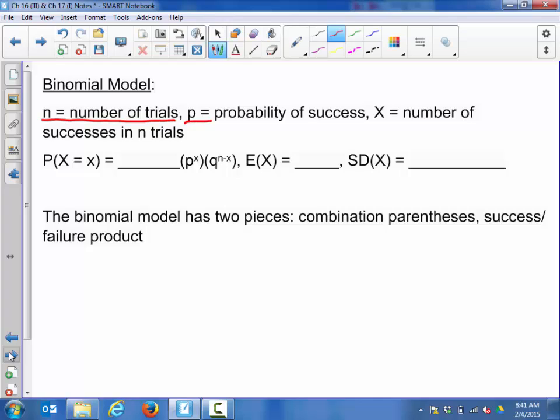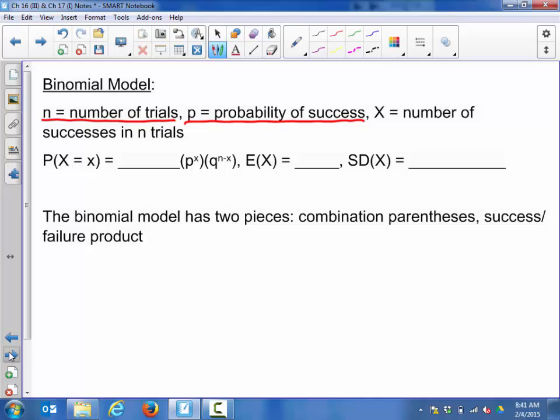If n is equal to 20, if I flip a coin 20 times, and my probability of success, if we want to say that success is flipping a head, is equal to 50%, Q therefore would be 50% as well, the complement. What's the probability that of my 20 flips, I see 8 heads, or 12 heads, or 10 heads, or something like that? So it's more robust. It does a little bit more.